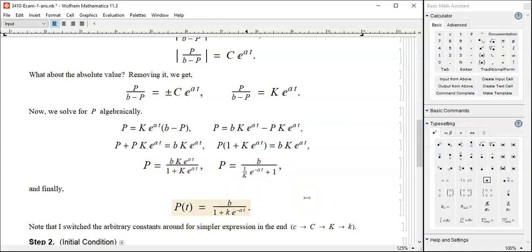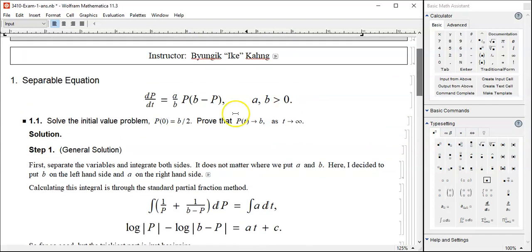P of t is b over 1 plus k times e to the negative at. And that function is actually an important class of function called the logistic function. That is the solution of this kind of system.